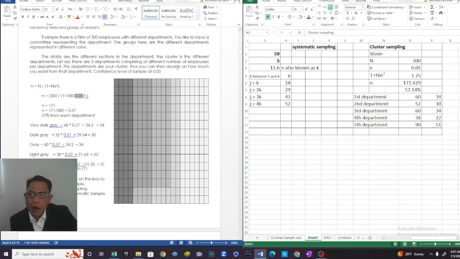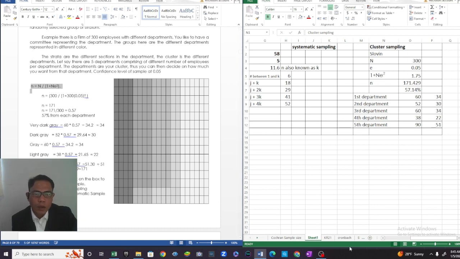Thus, you can decide how much you want from the department, and you can calculate for n at a level of significance of 0.05. In this case, we are now using Slovin's formula. We have our level of confidence, level of significance, and we have our n.